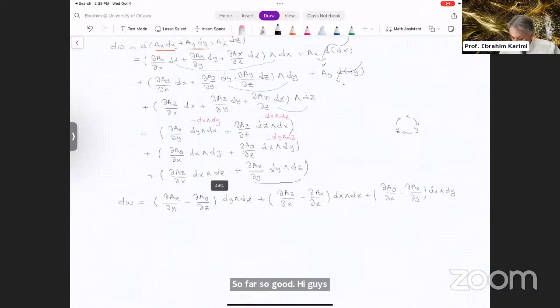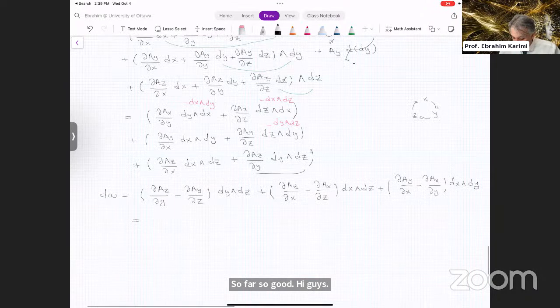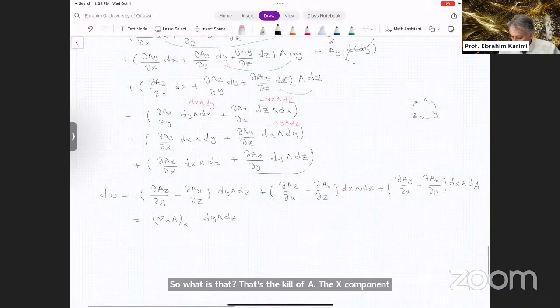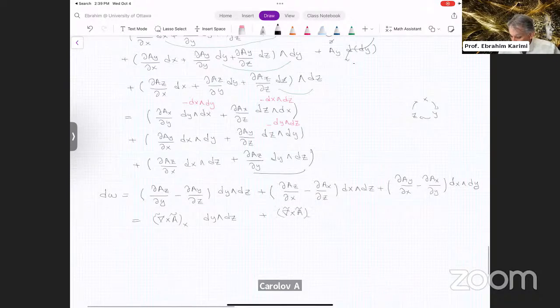So what is that? That's the curl of A, the x component, curl of A, y component, curl of A, the z component.